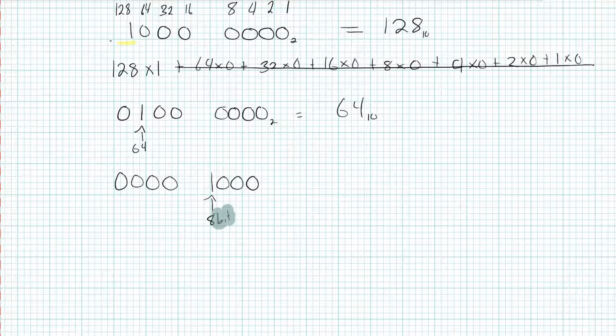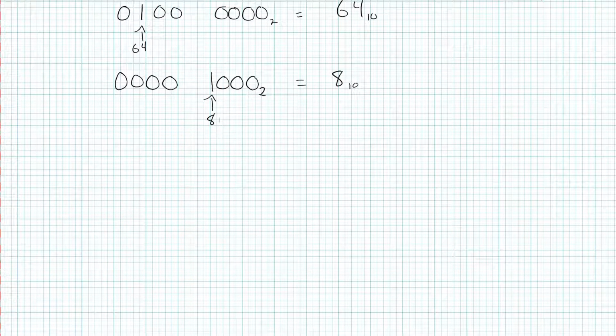Probably shouldn't call that the 8-bit because it is the bit with the value of 8, but the whole number is an 8-bit number. Okay, so in binary, this number is equivalent to an 8 in base 10. So this is quite simple when we're looking at it with a single binary digit, pretty easy to do math. So let's try adding in a second binary digit.